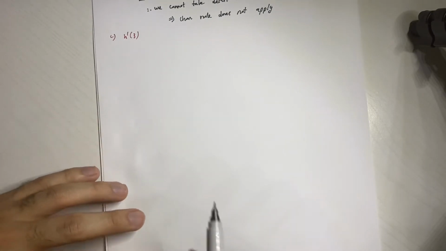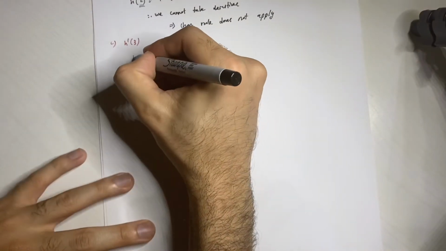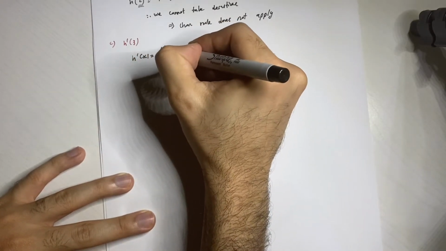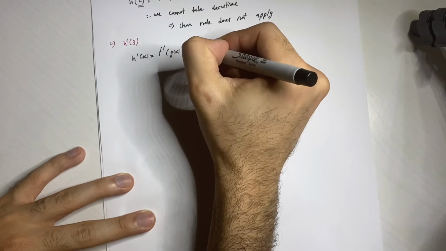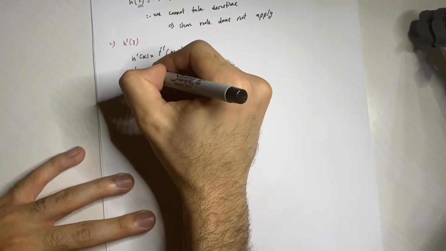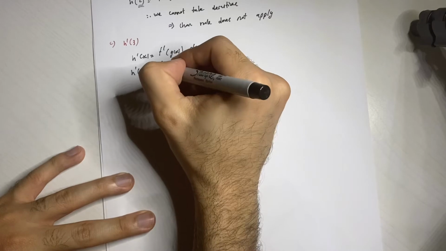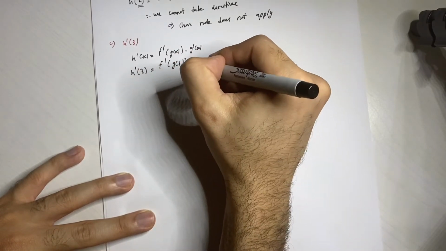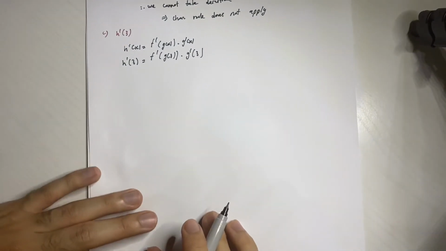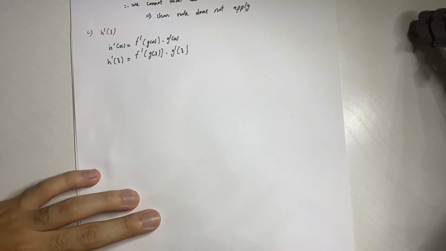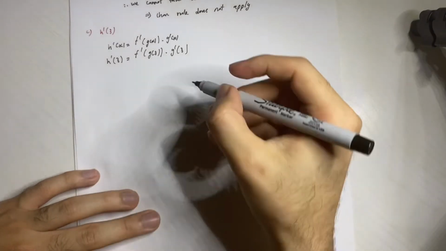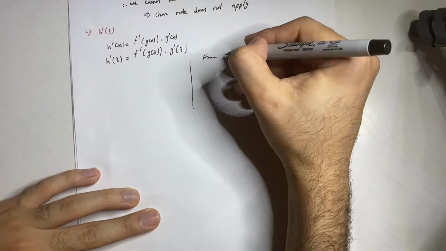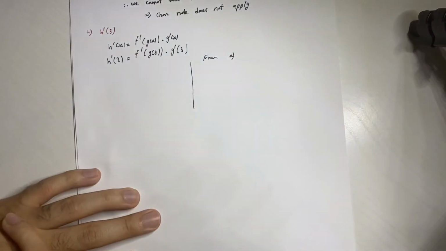So here we have part C, and we want to find the derivative of h at x equal to 3. Notice there's no discontinuity or sharp corner at x equal to 3. Therefore, it's differentiable, so we can apply the chain rule in here. Now we will find these values, so plug them in and make this easier.